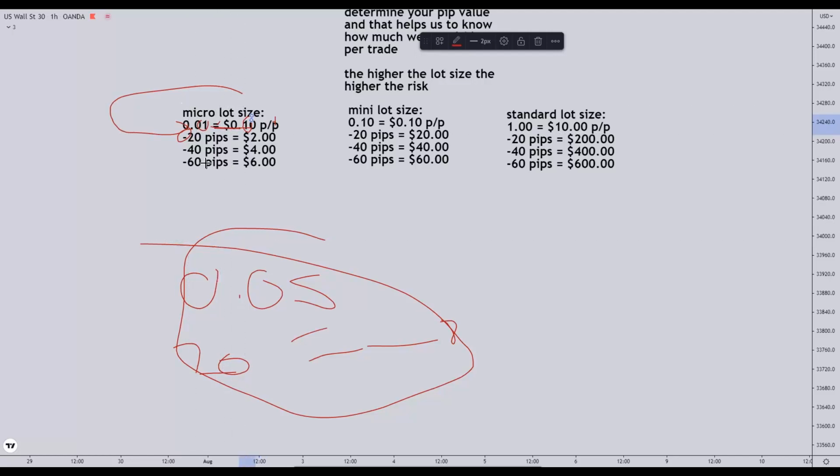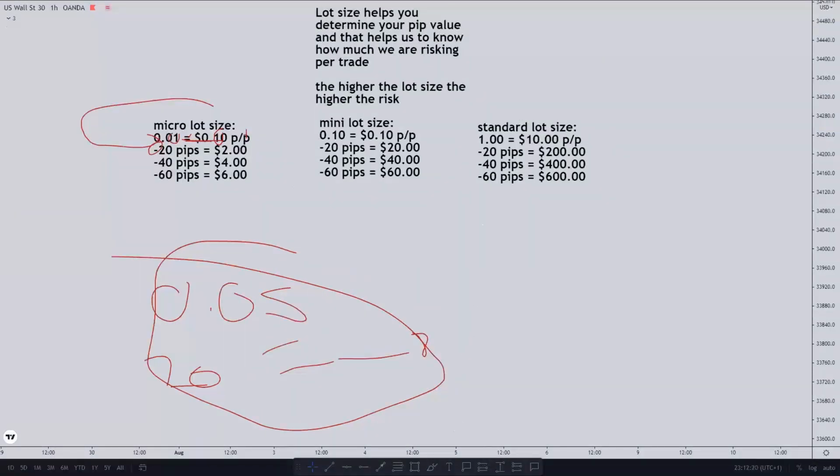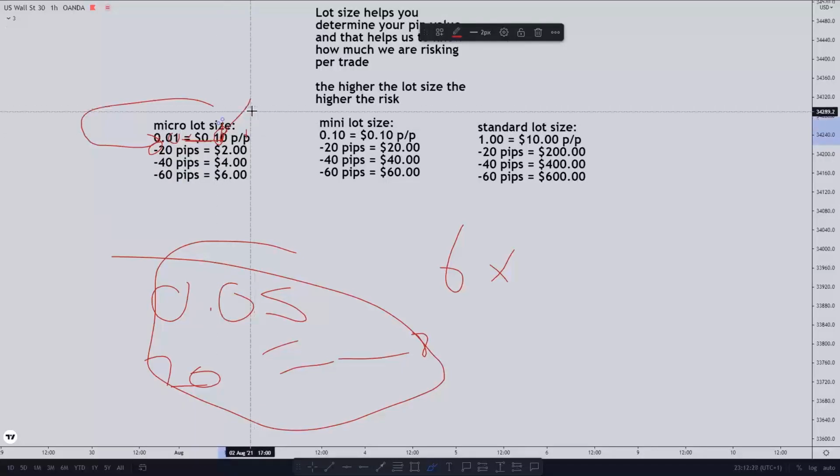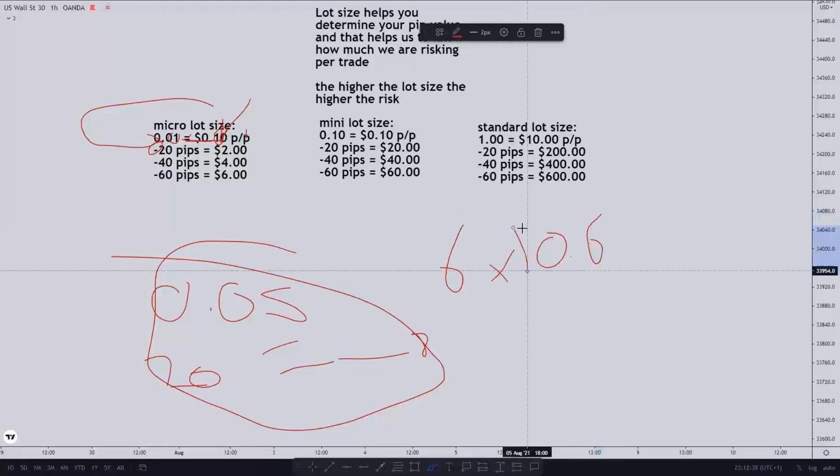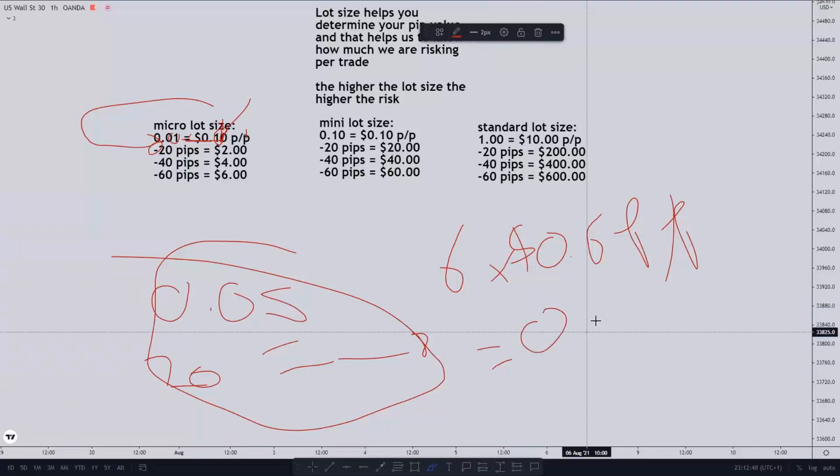Yeah, got it now. So if you're gonna be opening 6 positions, just times the pip value of your micro lot by 6, and then you're gonna get 60 cents per pip if you're gonna be entering a position with a 0.06 micro lot size.